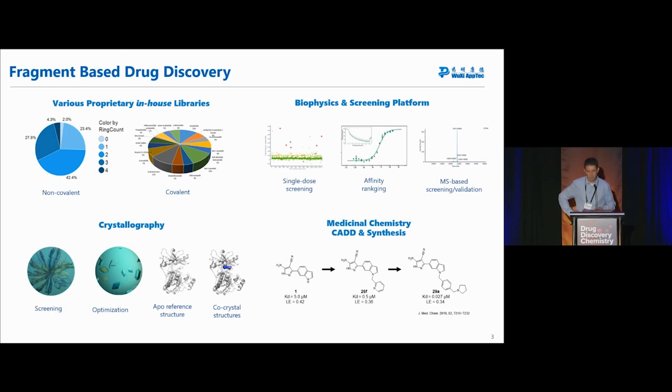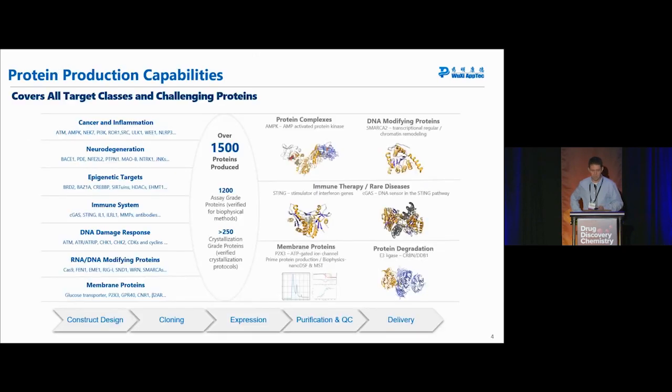And what is, of course, very important in order to be successful in an FBDD project, structural biology is enormously important, since we can initiate medchem and fragment evolution only when we can combine biophysical data together with structural biology. And coming back to the protein, everything starts and ends with the protein quality.